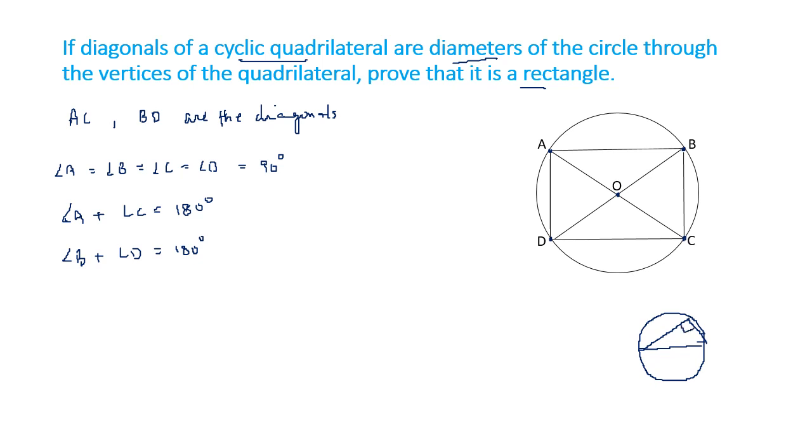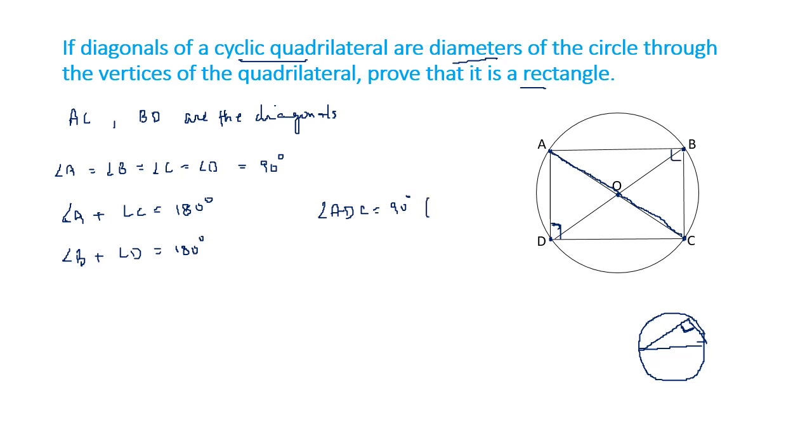Angle in the semicircle is always a right angle. So now the sum becomes very easy. We are given AC, the diagonal is the diameter. So if it is a diagonal, then ABC is the angle formed in a semicircle. So it should be 90. Angle ABC should be 90 degrees because it is the angle in a semicircle.